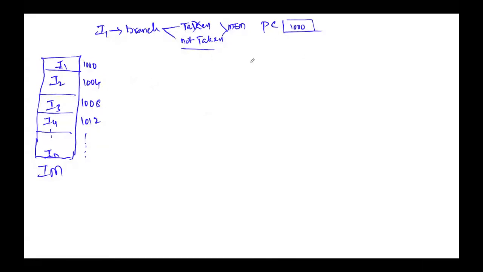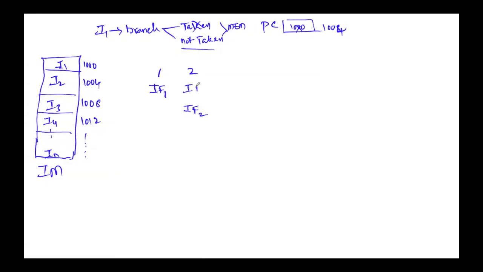The program counter is holding 100, so in the first cycle, the first instruction is fetched. As soon as the first instruction is fetched, the program counter automatically increases to 104, the next instruction. So in the second cycle, the second instruction is fetched, and instruction 1 enters instruction decoding.